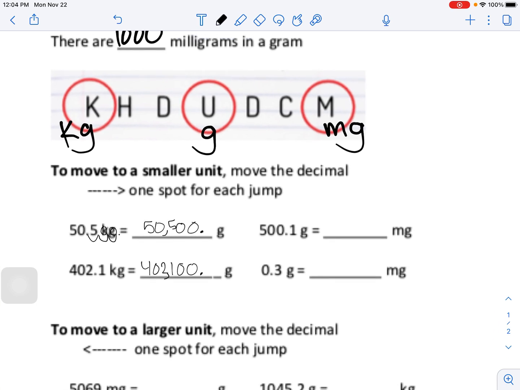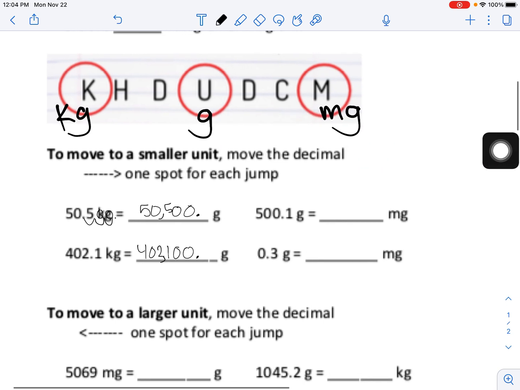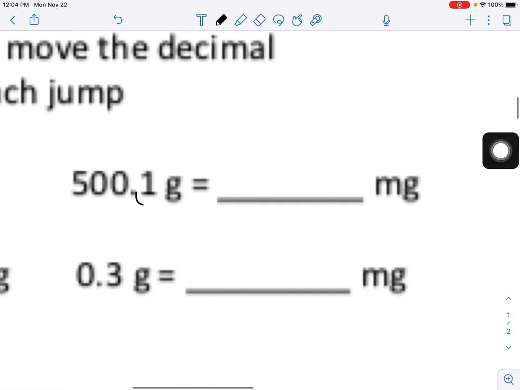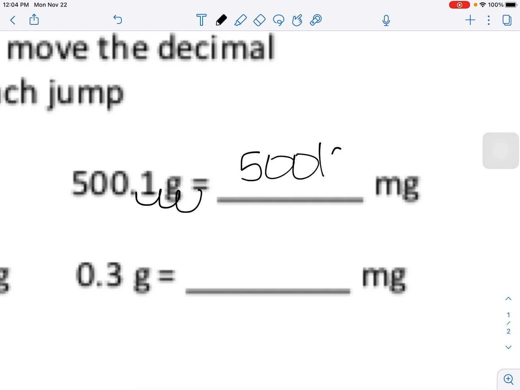These other two examples are grams to milligrams. So I start here at grams and I go 1, 2, 3, and I'm moving it to a smaller unit so it's to the right again. I'm doing the exact same thing. 1, 2, 3, and I put those 2 zeros there and commas. So 500 and 1/10 grams is equal to 500,100 milligrams.